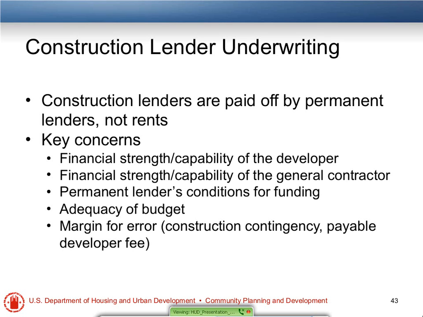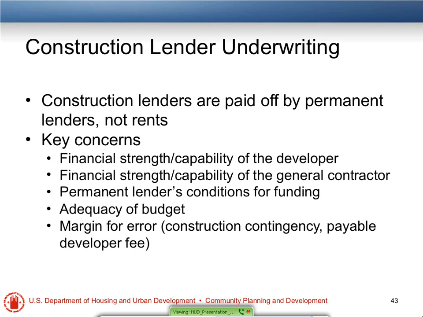So if there's cost overruns, rather than the developer having to pay for those, it's really the responsibility of the general contractor to cover those cost overruns. Again, we're looking at their track record, their experience, and their ability to fund those cost overruns out of their cash, the general contractor's cash.